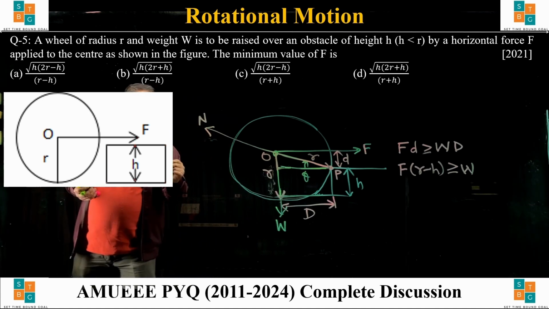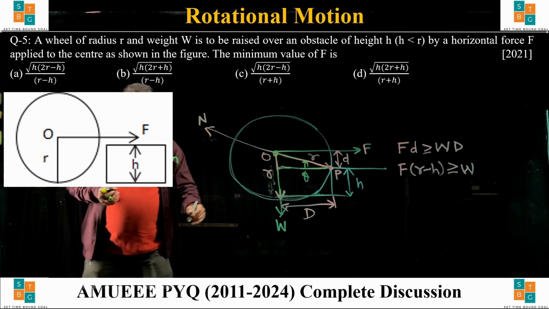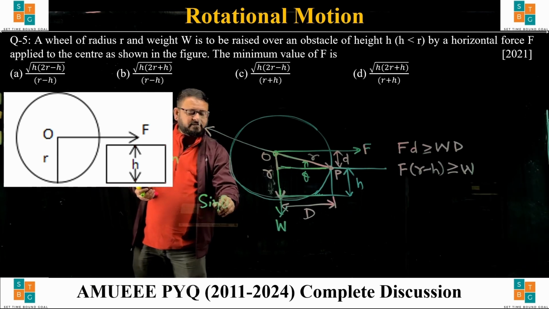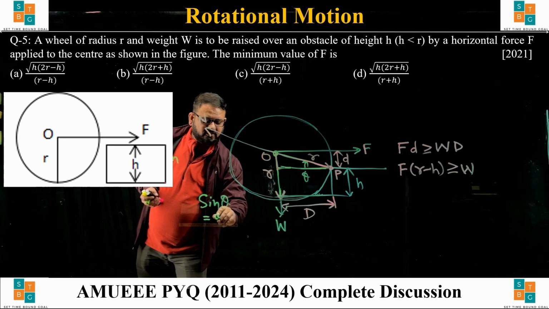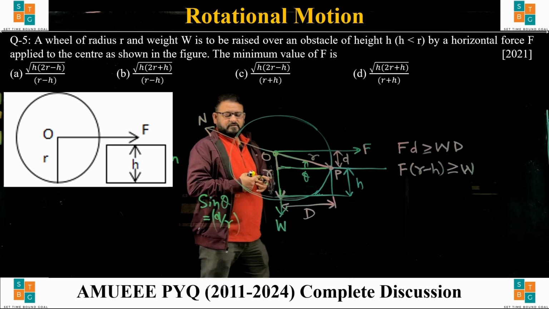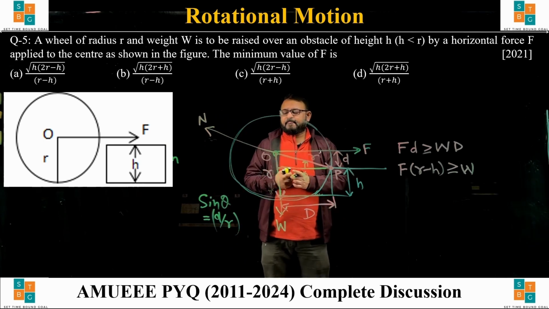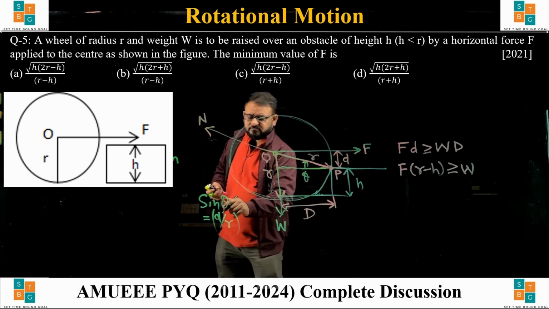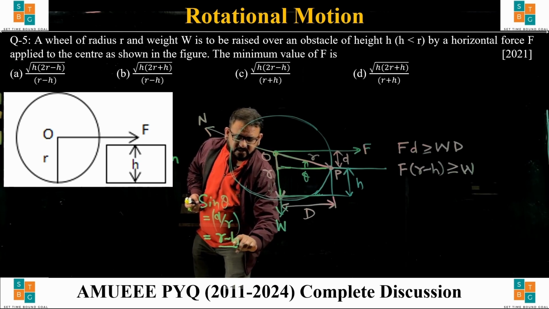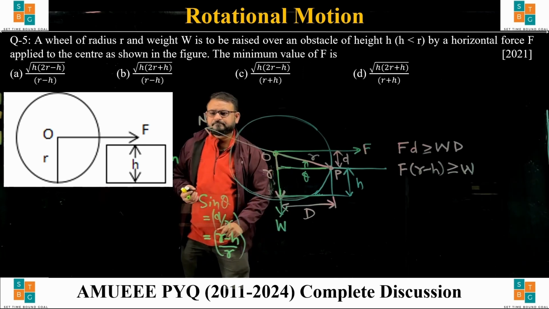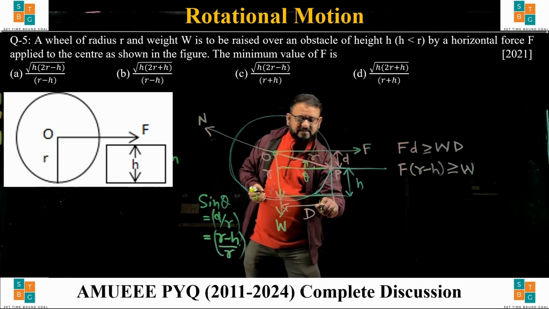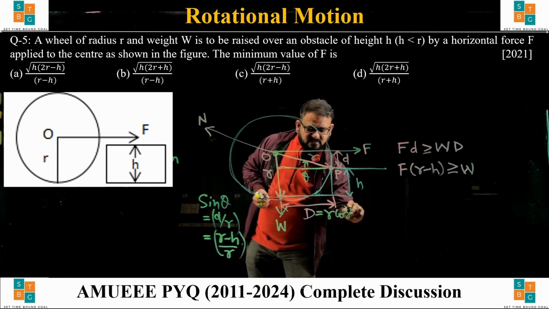So let us take sine of theta. The sine of theta will be d upon R. Right, so this is known to us, and this is clearly R minus H by R. What we are interested in is big D. Now, big D is basically R cos theta.